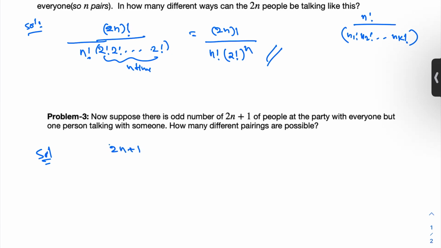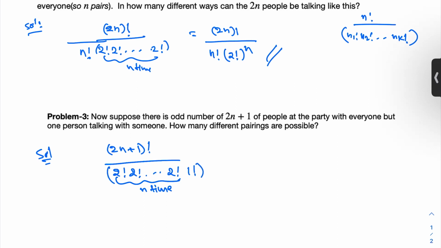2n plus 1 factorial divided by 2 factorial, 2 factorial, and so on, 2 factorial, n times, and 1 factorial, for n groups of size 2 and 1 group of size 1. Again here we have n groups of the same size 2, so we will have overcount.